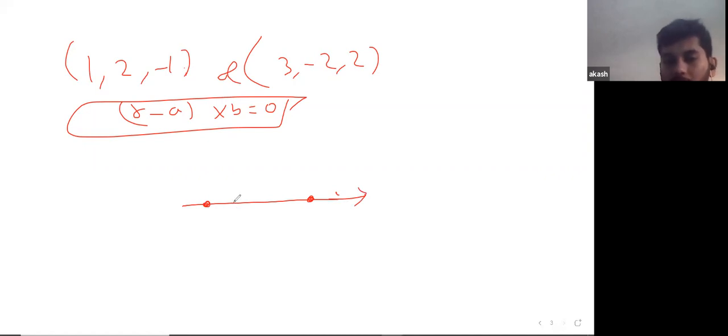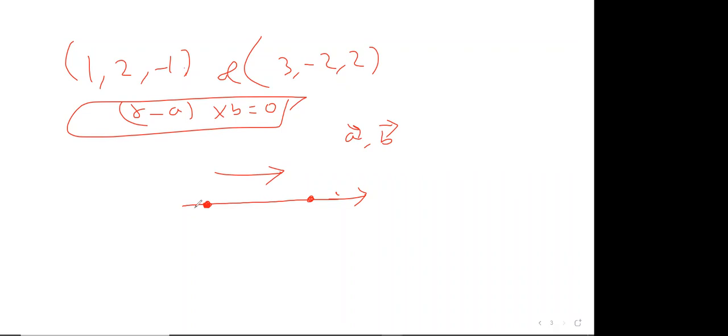So we need two things to find the answer: the position of a point on that line and a vector parallel to this line. You have to find the A vector and the B vector. Then you will have an answer. Are we clear here?